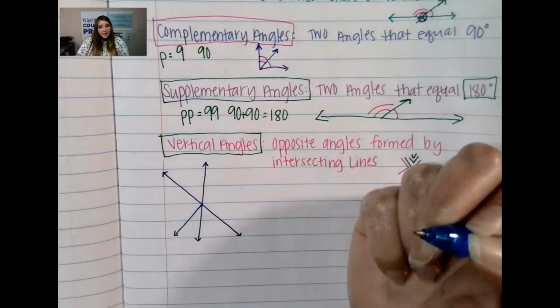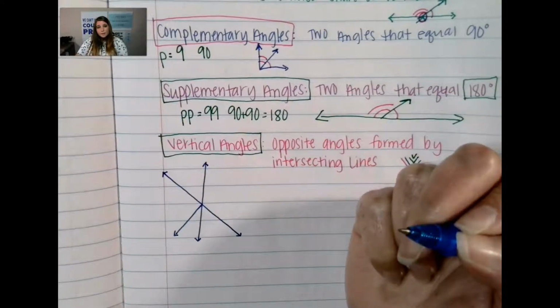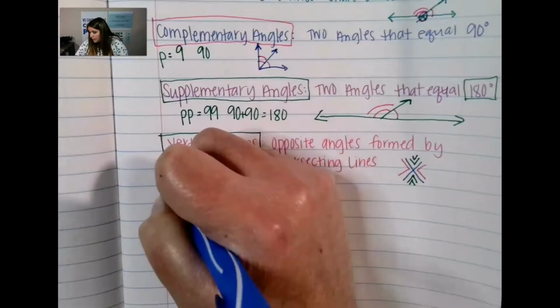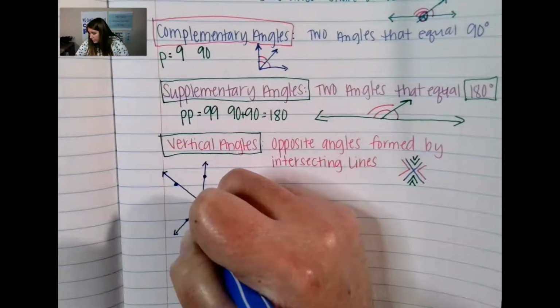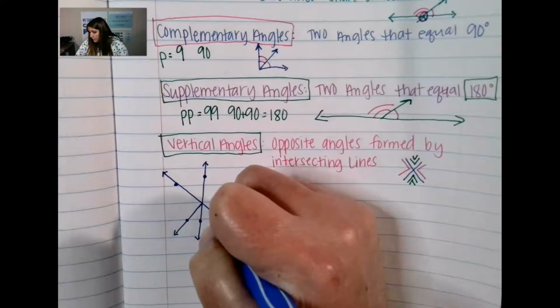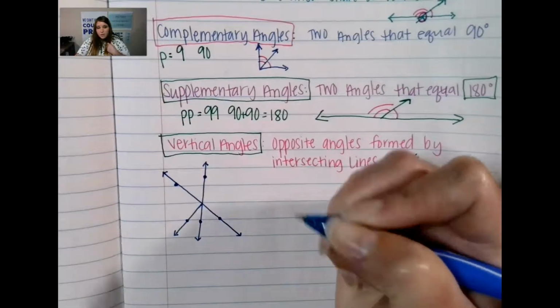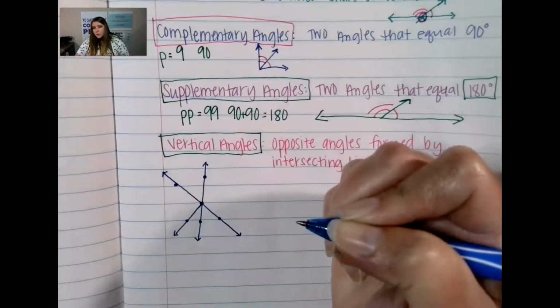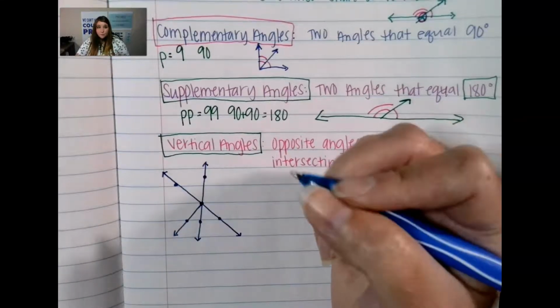Okay. Now, I have some dots on my lines. These dots tell us what the line is called. These are points on the line, and this helps us to identify the angle.